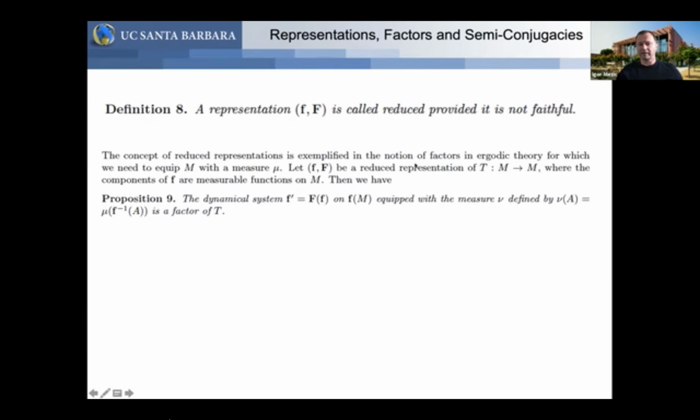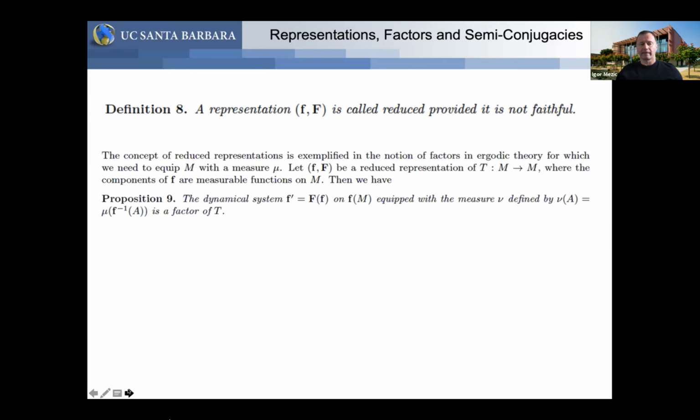They're additionally related to the notion of factors in ergodic theory. So in that case, we need to equip our state space with a measure mu. And if we have a reduced representation, where the components of f are measurable functions, then the dynamical system f prime is capital F of the set of functions is a factor with respect to the measure that is obtained naturally by the pullback from the measure defined on the original space.